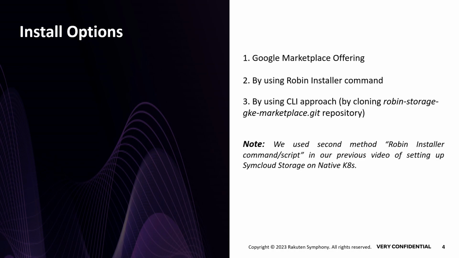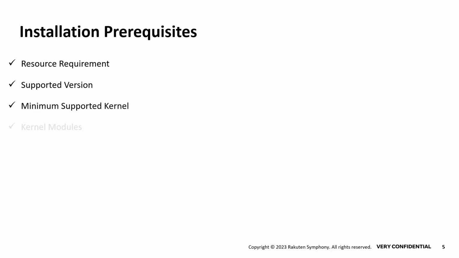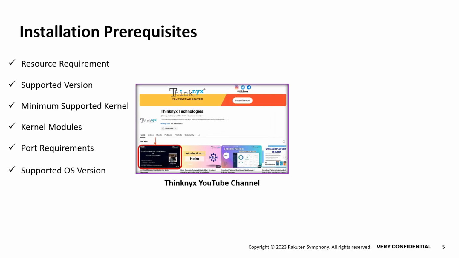In this tutorial, we will be leveraging option 1 to set up Symcloud Storage software from scratch by using Google Marketplace offerings. The installation prerequisites for Symcloud Storage software in terms of resource requirements, supported Kubernetes versions, kernel modules, port requirements, and supported operating systems are all the same as we understood in our last video.